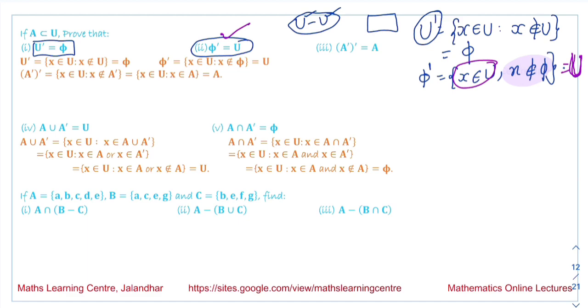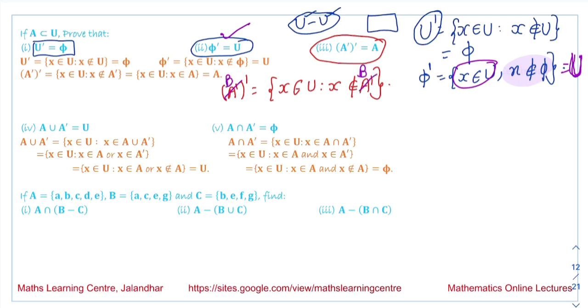And the third part we have is the complement of the complement of A is equal to A. So when we are writing this complement of A complement, we are talking about those elements from the universal set which are not the elements of A complement. You can look at this A complement as some set B, and you can use this definition over here.